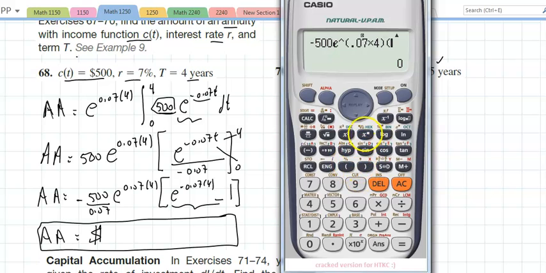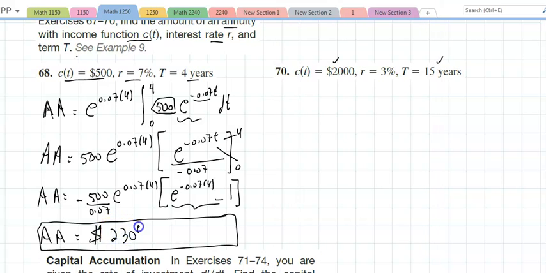Times e raised to the negative 0.07 times 4, minus 1, all multiplied, so yeah, we're safe, and divide that by 0.07. $2,308.07.